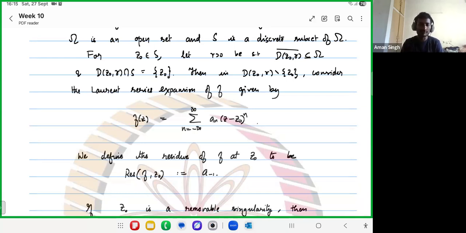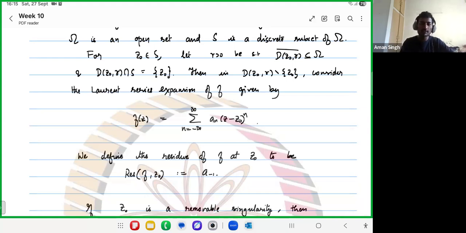Then what happens if you take the integral? Most of the power series terms, like constants, z, z squared, z cubed, and so on, are all analytic, right? So when you take the integral, the integral is linear, and because these are analytic, we can use Cauchy's theorems. In the positive degrees, all the integrals are zero.